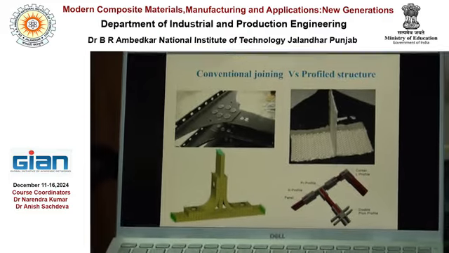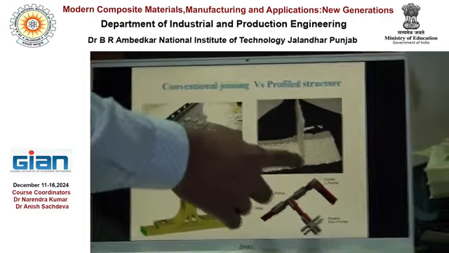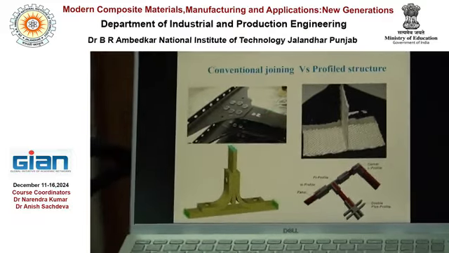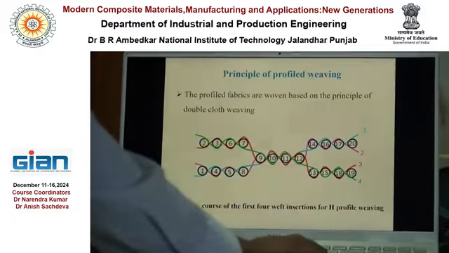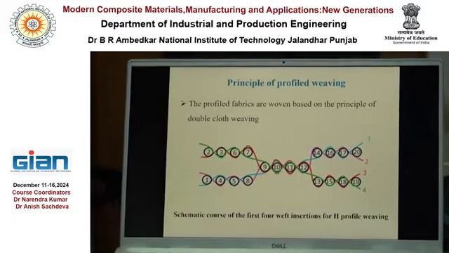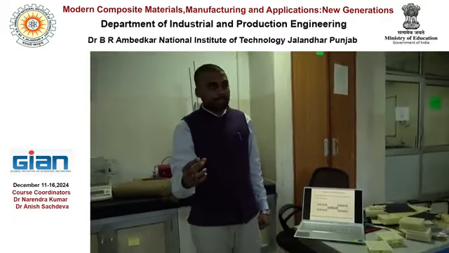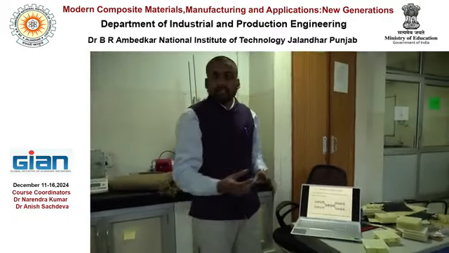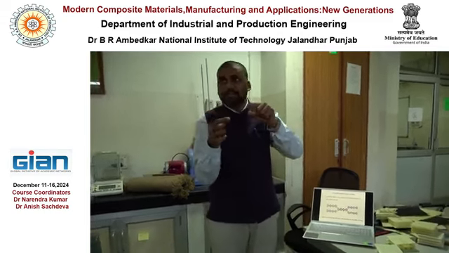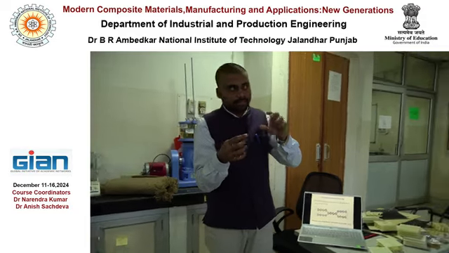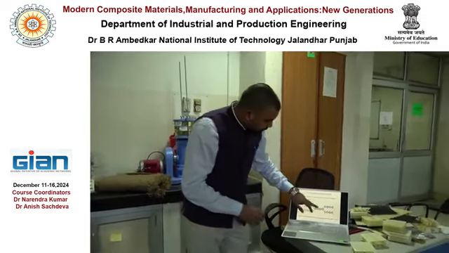But the problem occurs at this particular junction. How much load is taken by the junction, and there this particular joint fails, right? Because the junction is the stress concentration point in this type of joint.